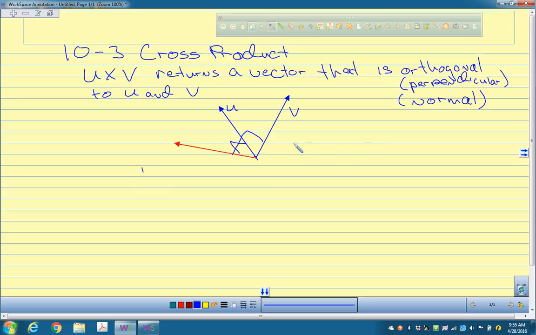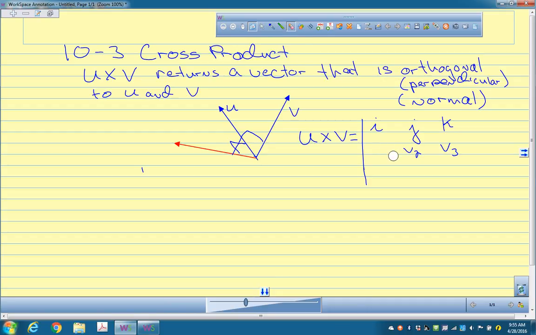The way that you compute the cross product is by using a determinant. Remember determinants? U cross V is equal to a determinant, except that you put I, J, and K in the top row.